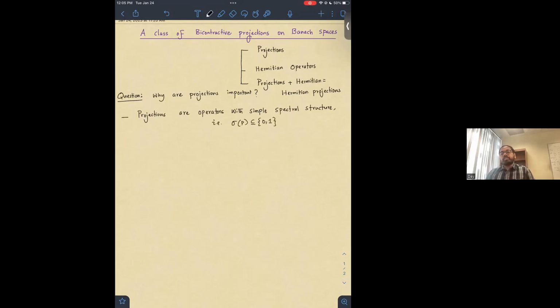You can prove it by using the spectral mapping theorem. It can also be shown that if P is an orthogonal projection, which means P squared equals P as well as P equals P star, then the spectrum is exactly equal to {0, 1}. So the spectral structure is very simple, and any operator which has a very simple spectral structure is actually easier to understand. Okay, that's the first thing.